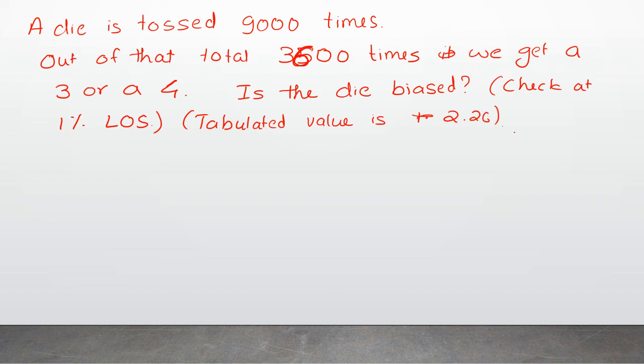Now a die is tossed 9,000 times, and it is asked that 3,600 times we get a 3 or a 4. Is the die biased?